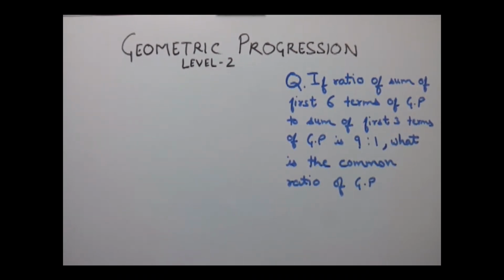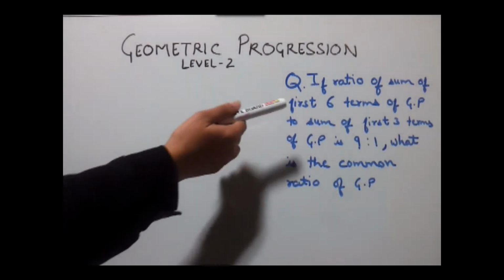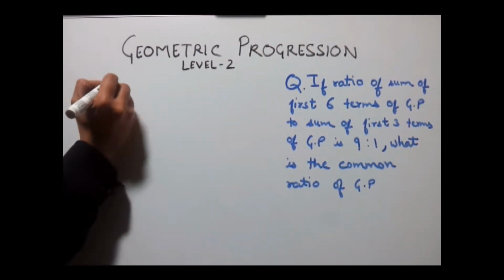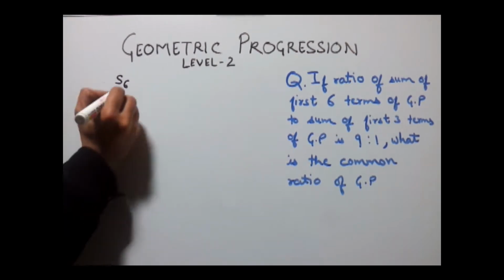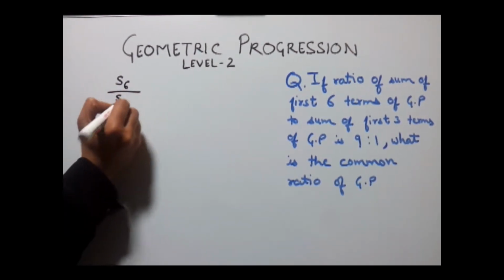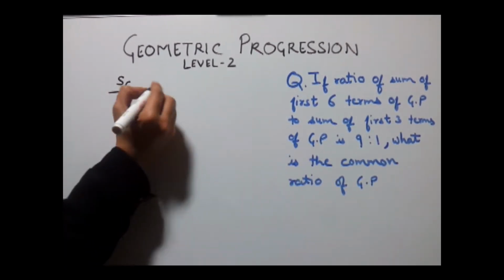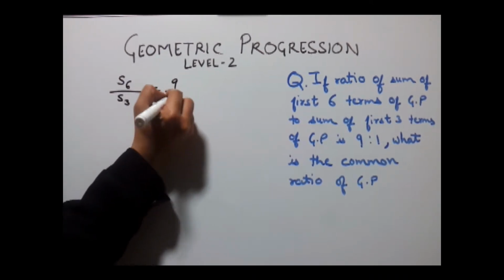Here it is given that the ratio of the sum of the first 6 terms, which is S6, to the sum of the first 3 terms, which is S3, is equal to 9:1, that is 9/1.